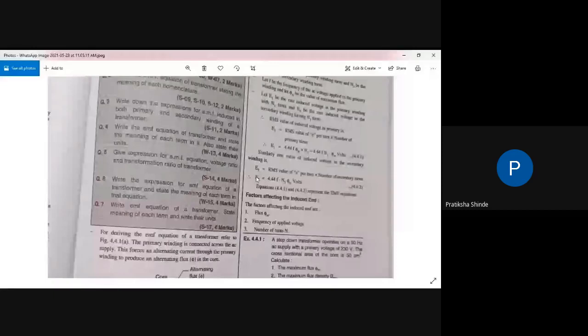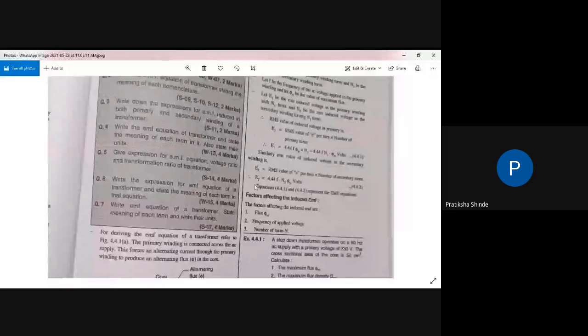The frequency of the applied voltage, the number of turns, and the flux density, that is the flux. These parameters are responsible for changing the EMF of a particular winding. Done. This is your EMF equation.